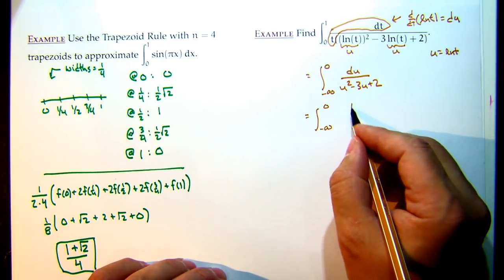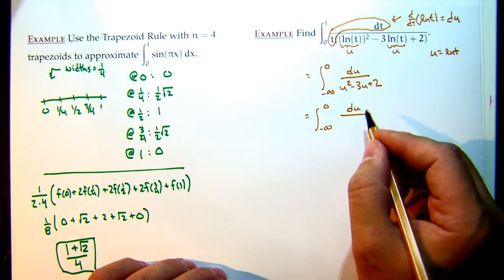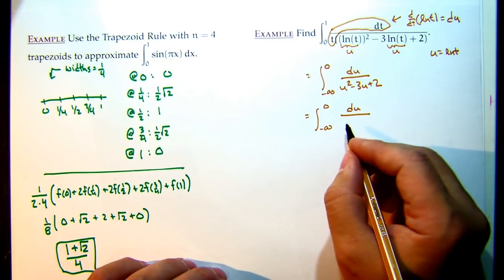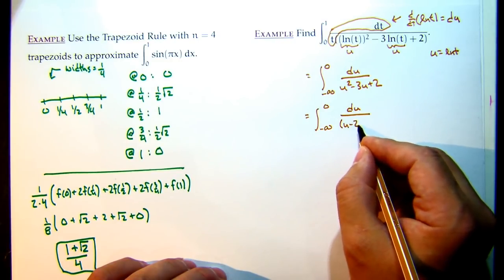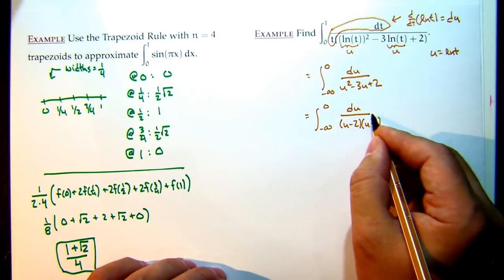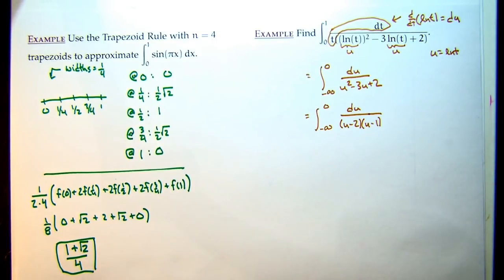So here we go. What does that become? Well, u squared minus 3u plus 2, that's u minus 2 times u minus 1. And again, you will be left with the false belief that everything factors by the end of this class, because we're going to make sure we give you things you can work with. That's our goal. Give you things you can work with.